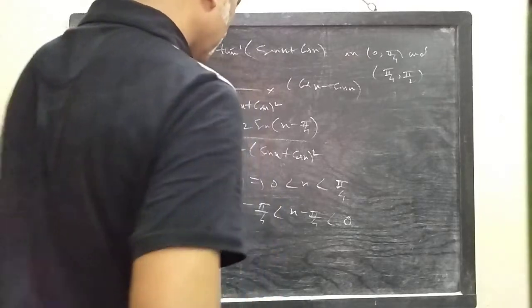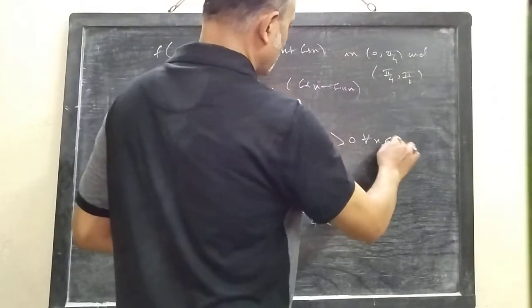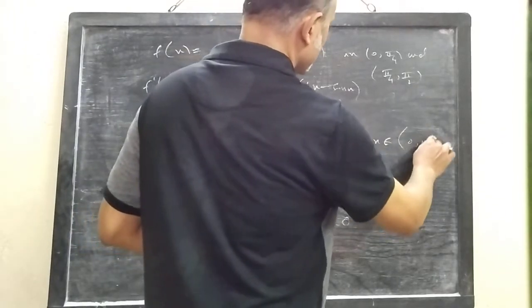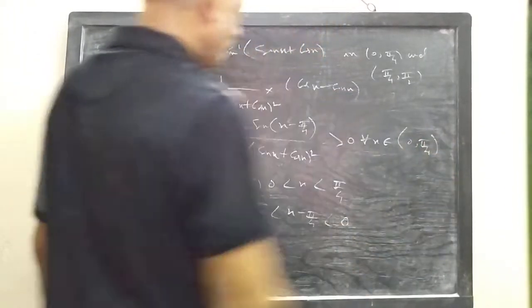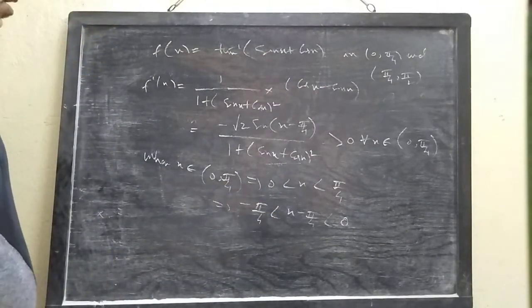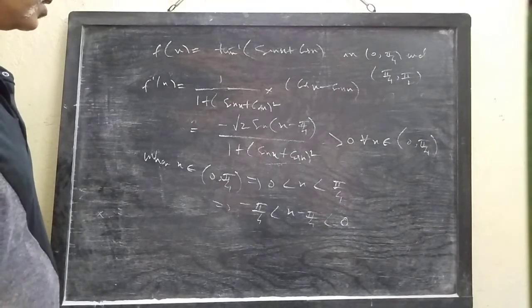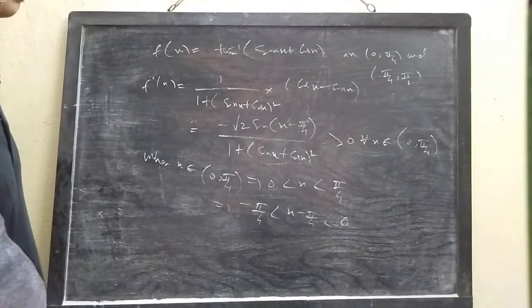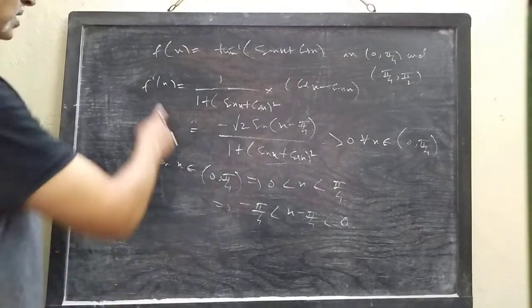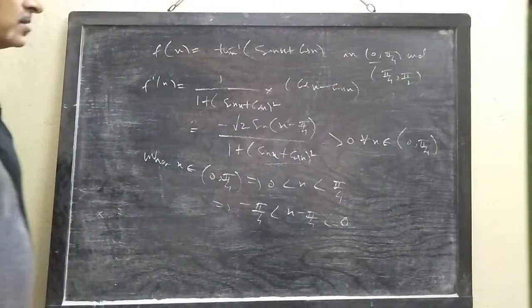This is also negative. So you can say f'(x) is greater than 0 for all x belongs to 0 to pi by 4 because this is positive. So you can say f(x) is increasing in this part 0 to pi by 4.